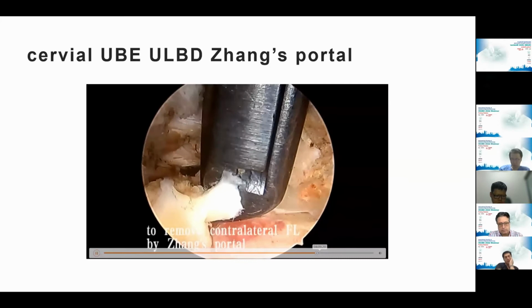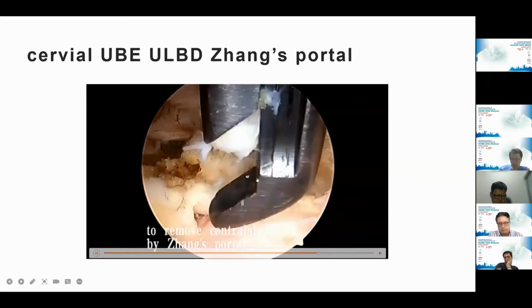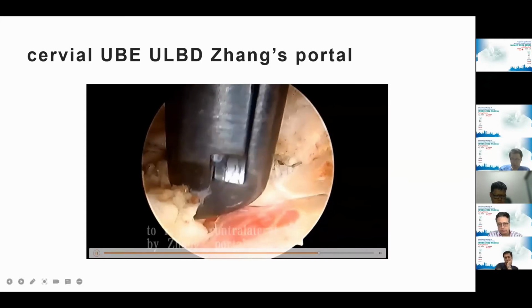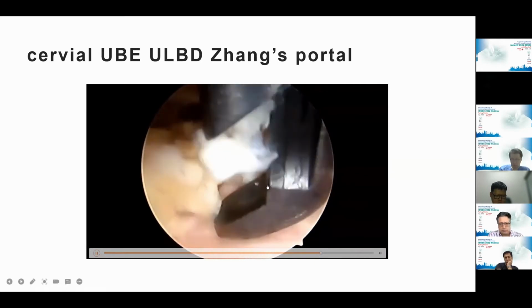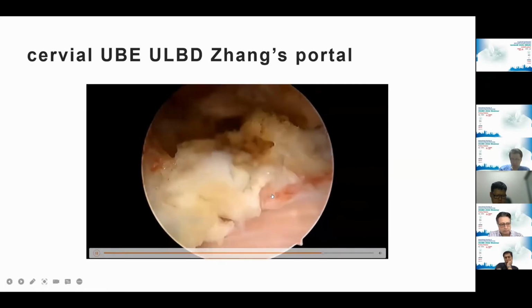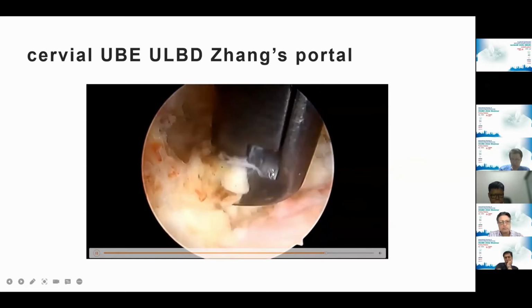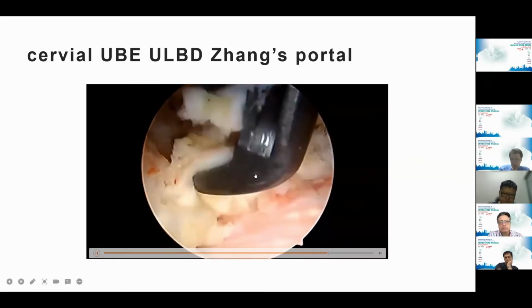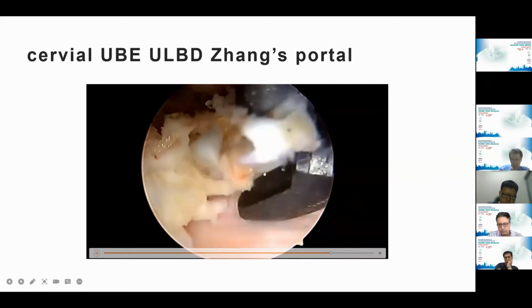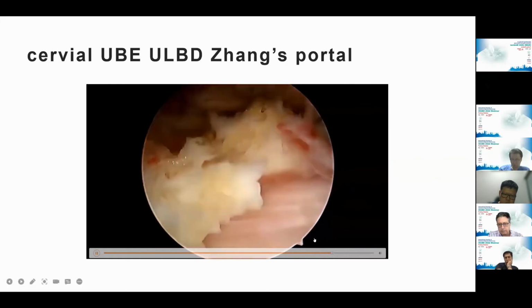The angle of the curette punch is also very good, because we can see the surface of the spinal cord of the contralateral side, so it's very safe to separate the flap ligament from the spinal cord.